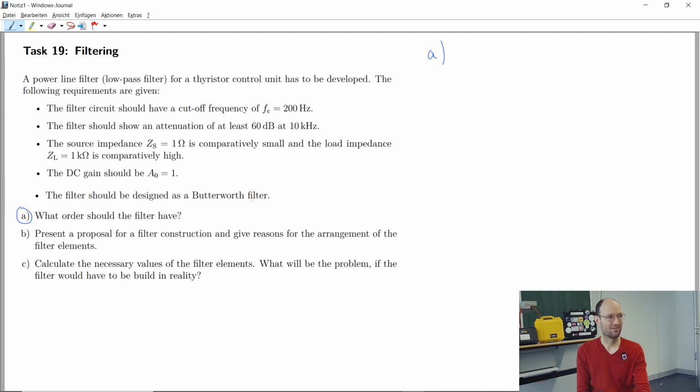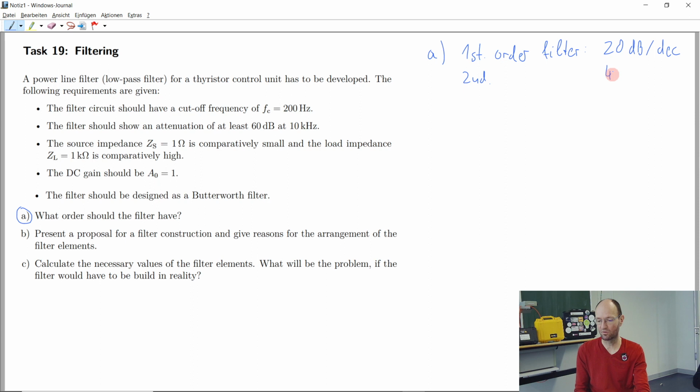First, every decade of the corner frequency. Exactly. So we can say if we have a first order filter, then we have 20 dB per frequency decade of attenuation.